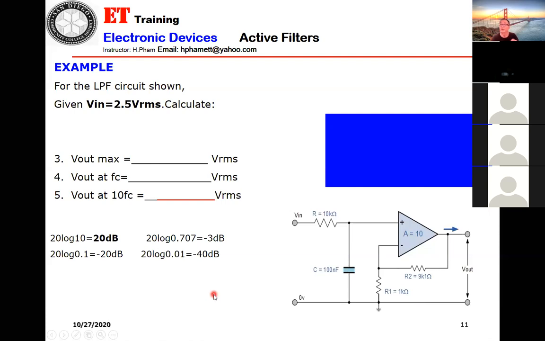So V in is 2.5, what is V out, if you get the gain already? On 25 VRMS, 25 volts? V out, Mike, you said 25 volt. We'll see.